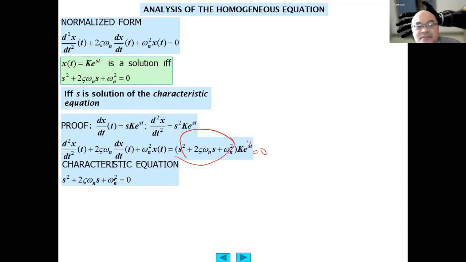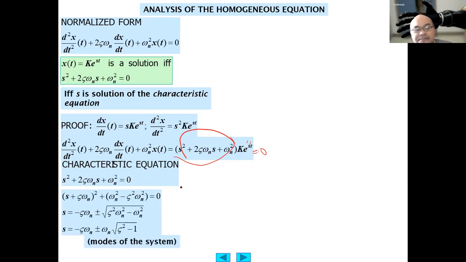So the characteristic equation s² plus 2 zeta omega n s plus omega n² has to be 0. So from there we try to find the roots of this equation.